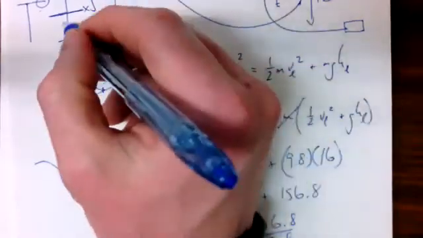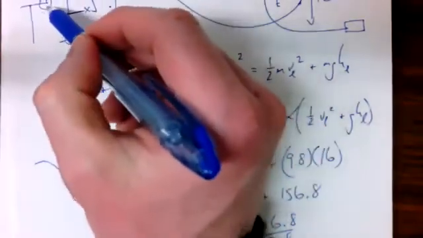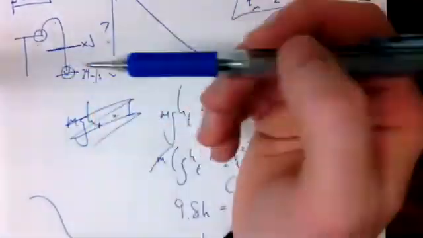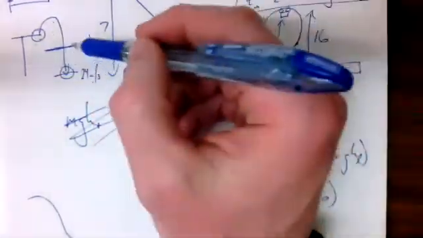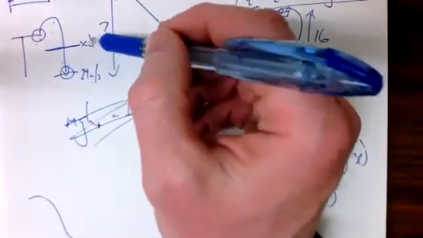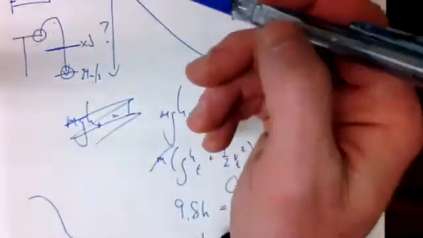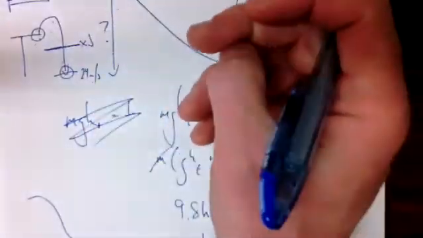And then you have to figure out, if they're going 24 meters per second, then how much energy did they have at the very top, which would tell you how high that diving board was. Or I could give you all the information right here. 5 meters up, they're at this speed. How high is the diving board? How fast are they going right before they finish? Stuff like that.